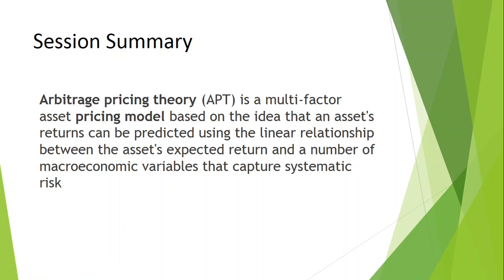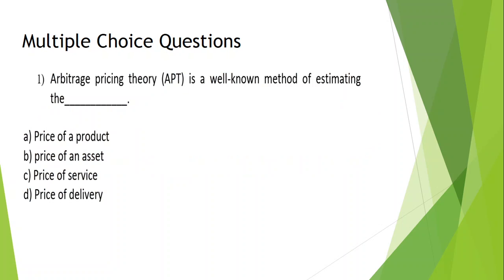Dear students, let us understand some of the concepts through multiple choice questions. We have the first question to make arbitrage pricing theory more sensible. Arbitrage pricing theory is a well-known method of estimating the dash.